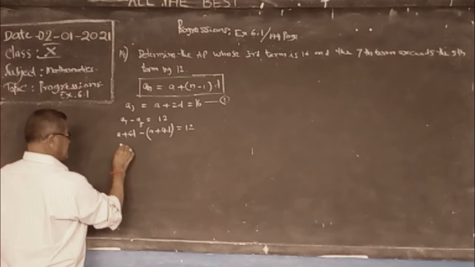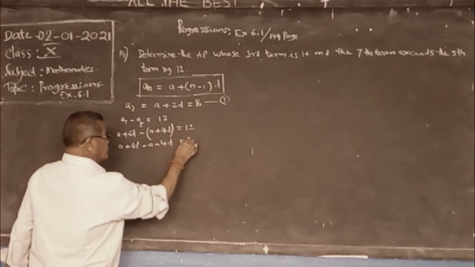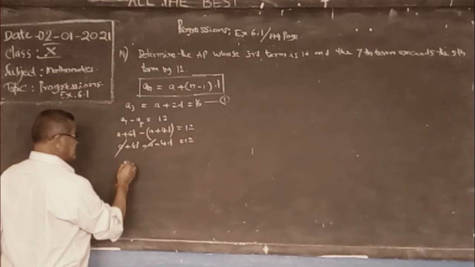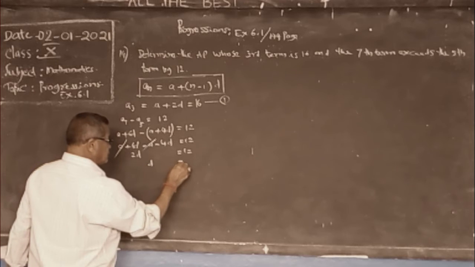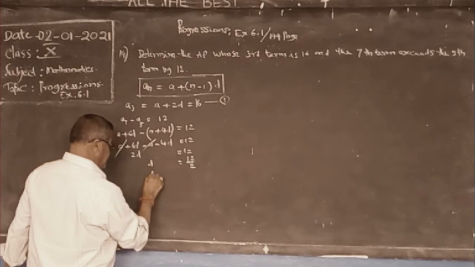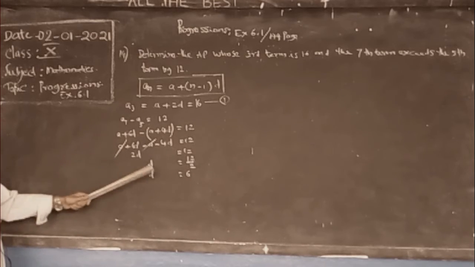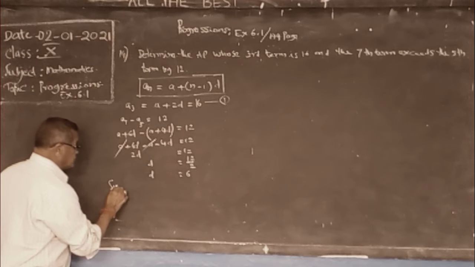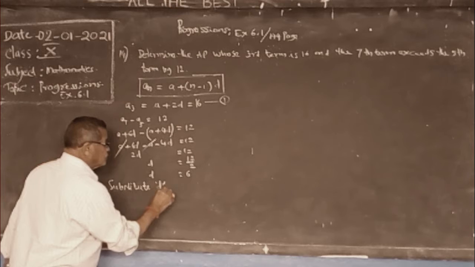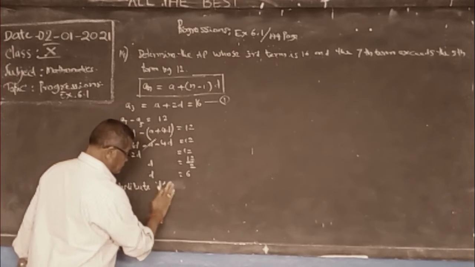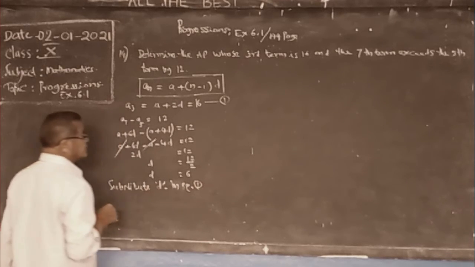Opening the bracket, A plus 6D minus A minus 4D is equal to 12. A cancels, 2D is equal to 12. D is equal to 12 by 2, D is equal to 6. Substitute the D value in equation 1. What is equation 1?